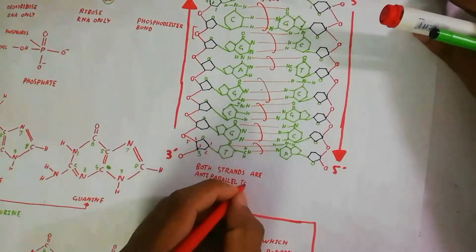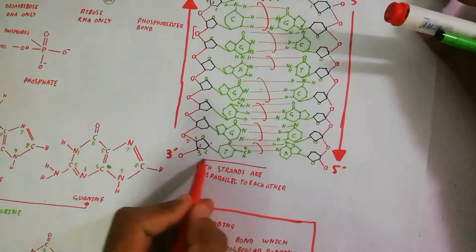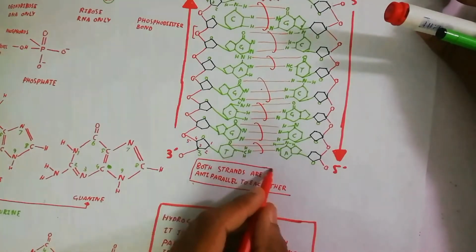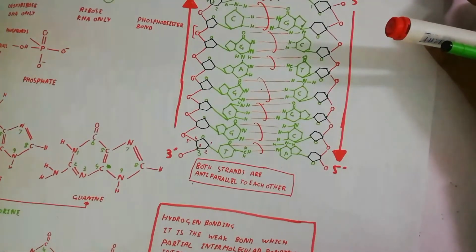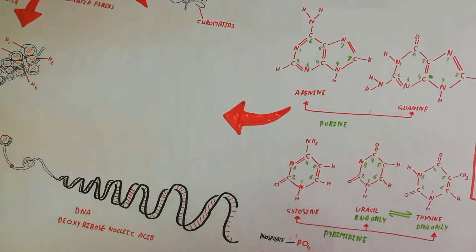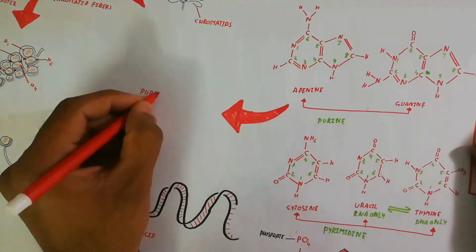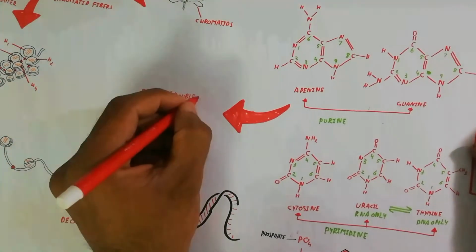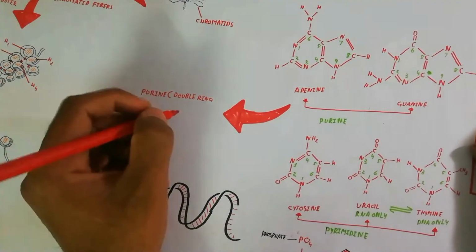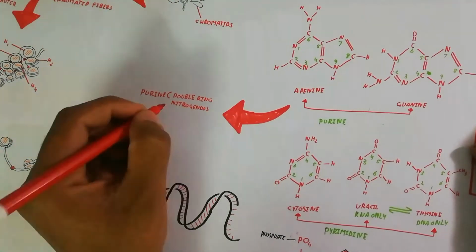I will give you the concept of the anti-parallel structure of DNA. It is anti-parallel because the phosphate group attached at carbon number 3 points toward carbon number 5 on the strand, and it is reversed on the other strand.